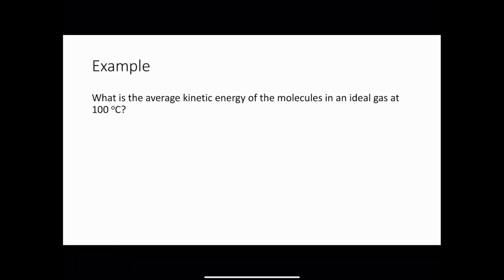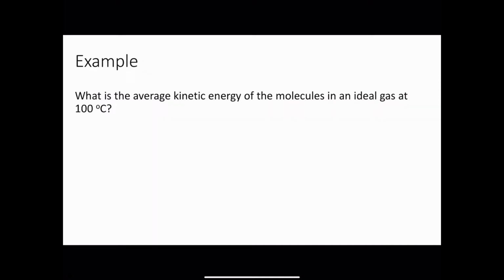So, first example, what is the average kinetic energy of the molecules in an ideal gas at 100 degrees C? We're just going to put these numbers straight into our new equation for kinetic energy. So that kinetic energy, or 1/2 m c_rms squared, is equal to 3/2 kT.